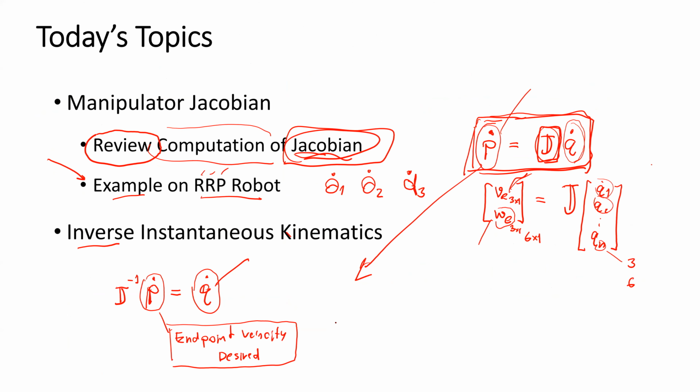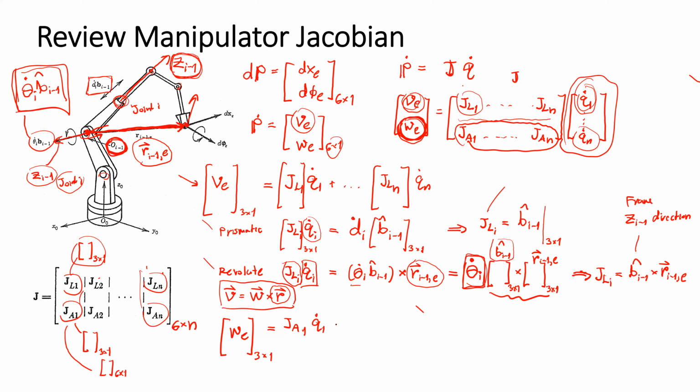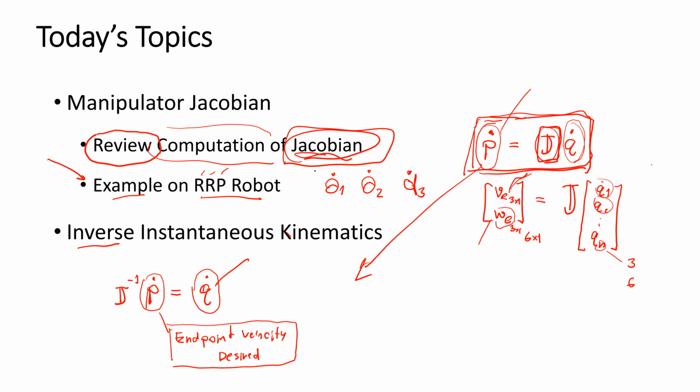And we have n joints, so we have the Jacobian for mapping the angular velocity. We have n vectors from Jacobian angular velocity 1 to Jacobian angular velocity n, multiplied by the joint speeds Q1 to Qn.